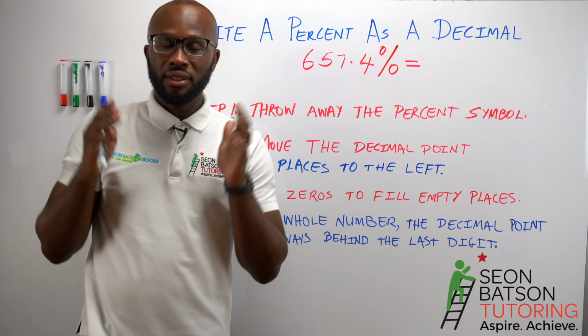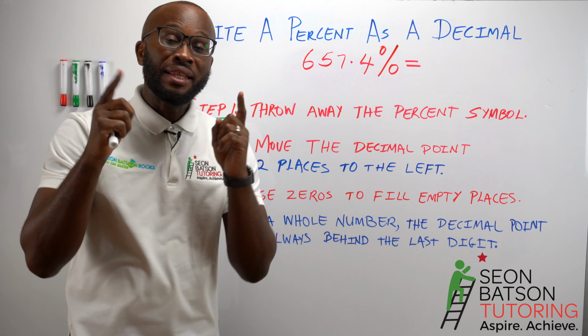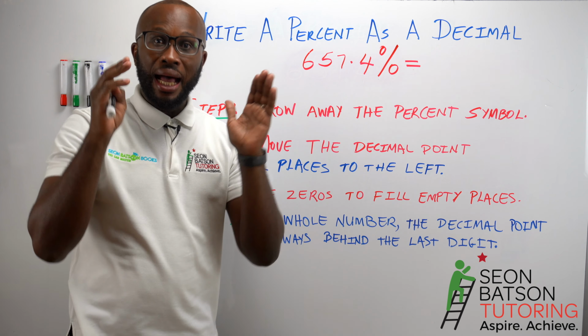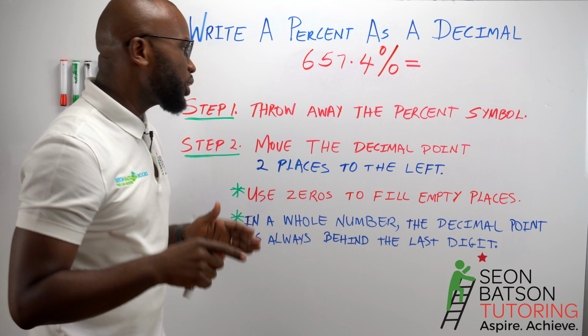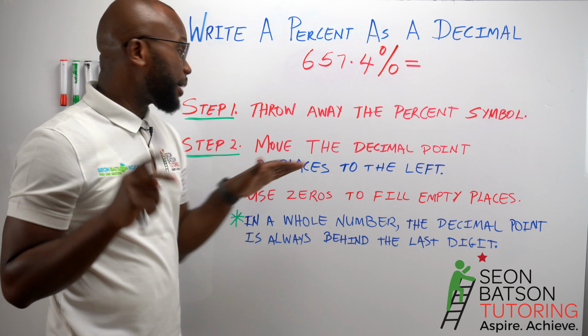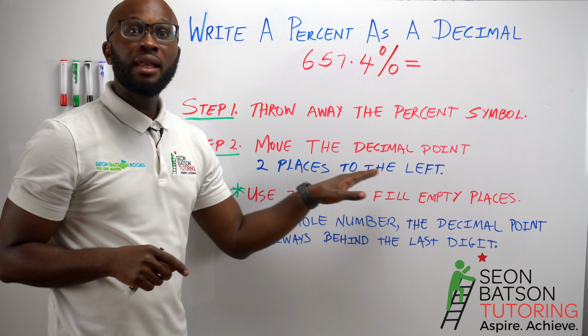So let's go. I am going to teach you 2 very simple steps that will help you master the skill of writing a percent as a decimal. Step 1, we will throw away the percent symbol. Then step 2, we will move the decimal point 2 places to the left.